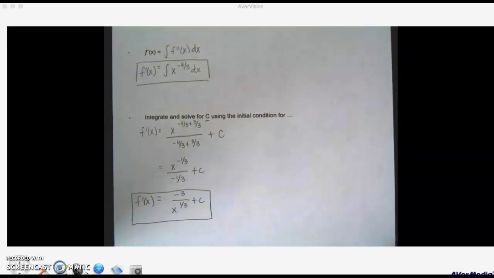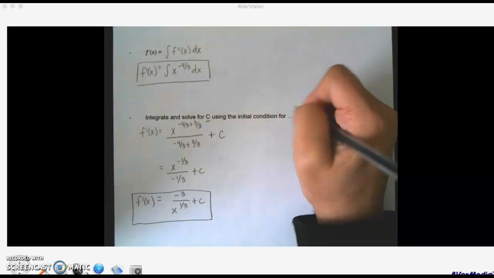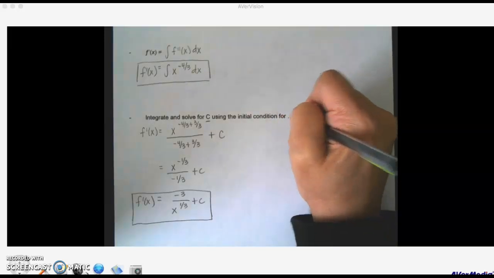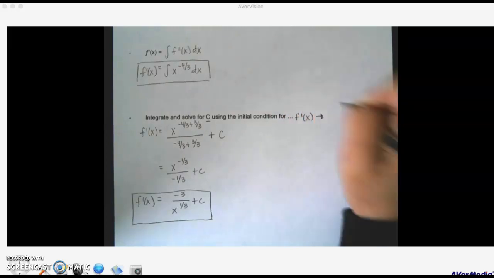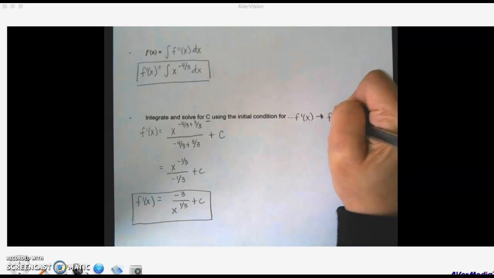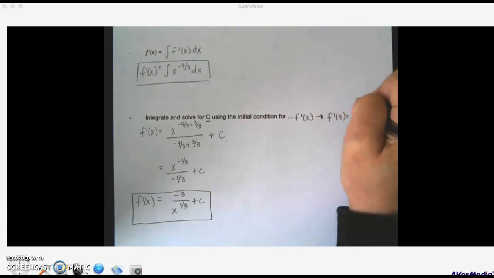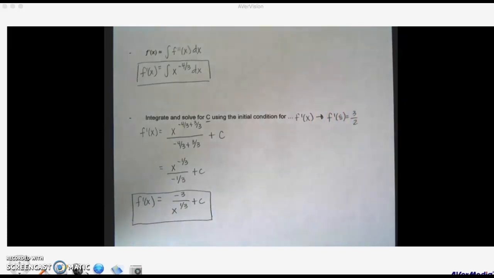But now we're going to be solving for our c value to know what that constant is going to be. We're going to use the initial condition for the equation that we're solving for, which is f prime of x. And our initial condition that we're given is that f prime of 8 is equal to 3 over 2.